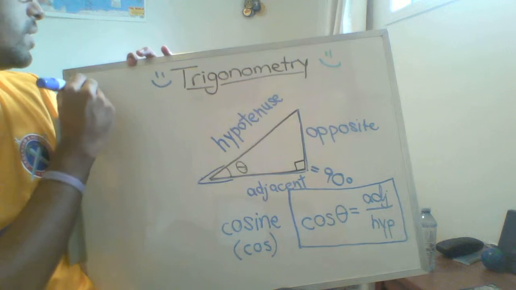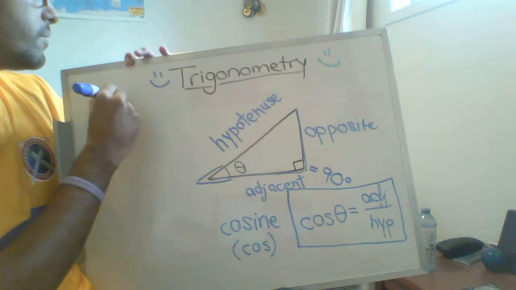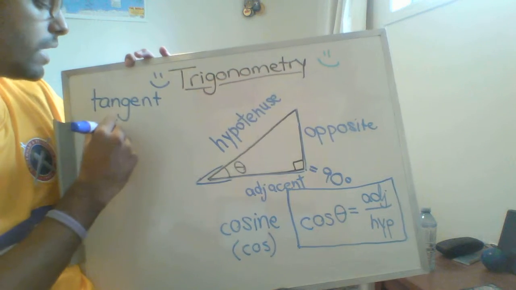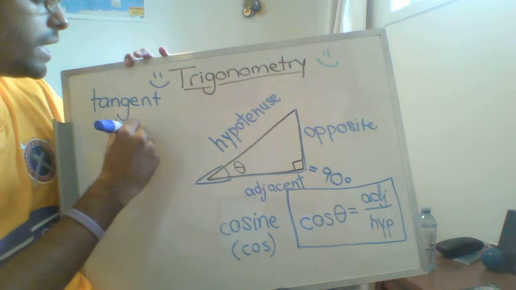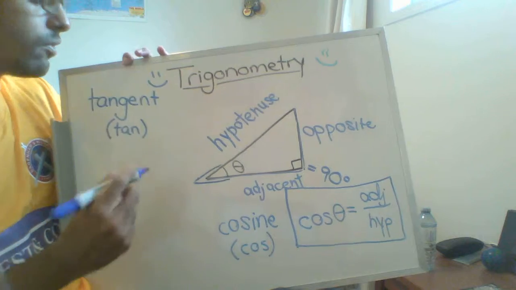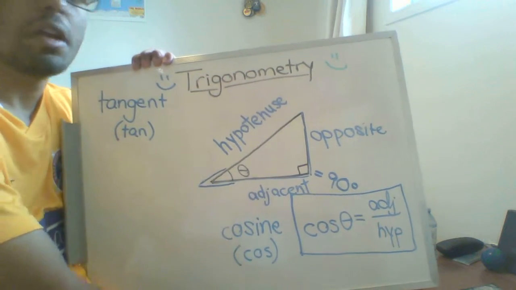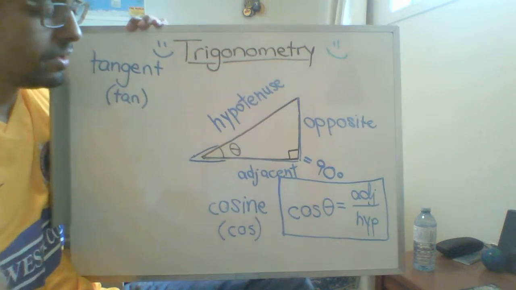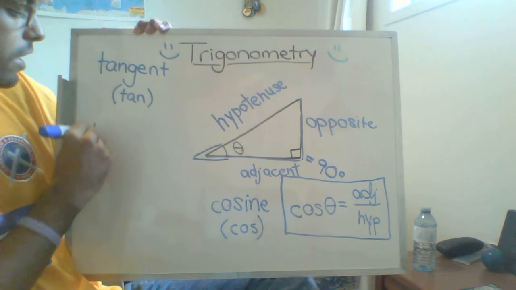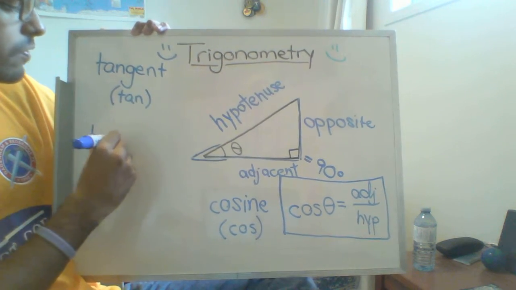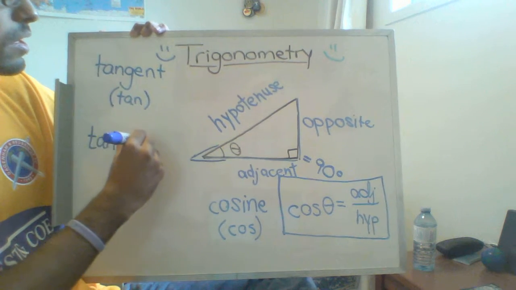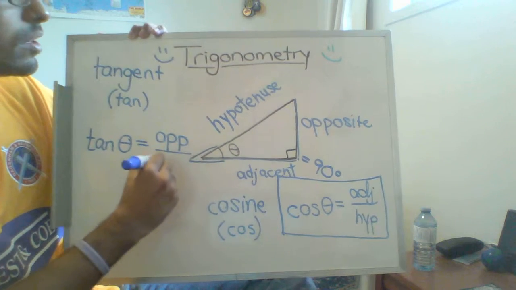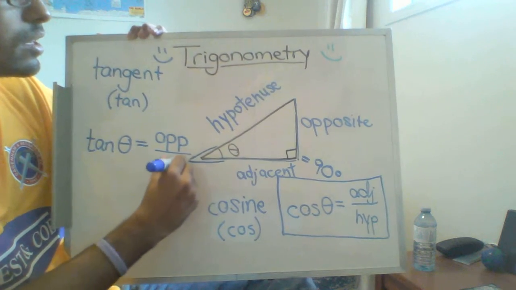Alright, now the last one is called tangent. Short form on a calculator, if you're looking at a calculator, you might guess what the short form is. Short form is tan, T-A-N. You can just call it tan if you want, call it tangent if you want, both are fine. And tan theta, or tangent of theta, is opposite over adjacent.